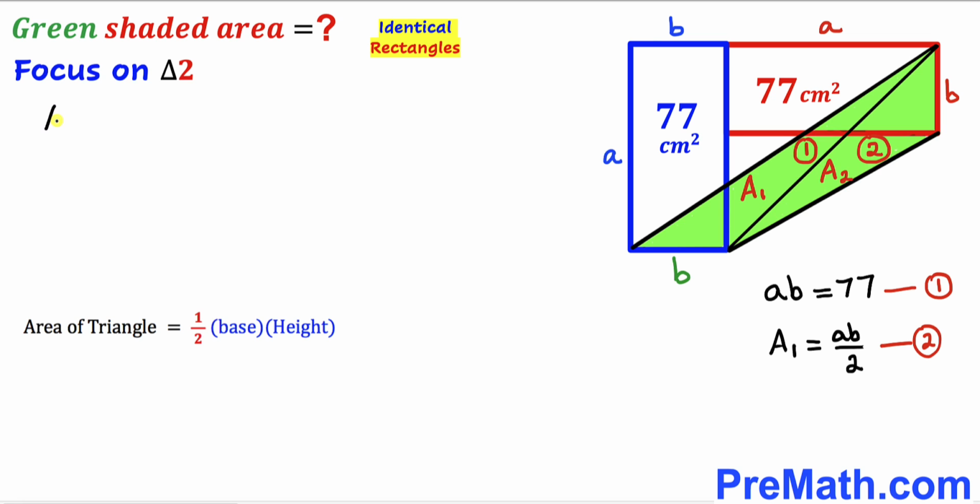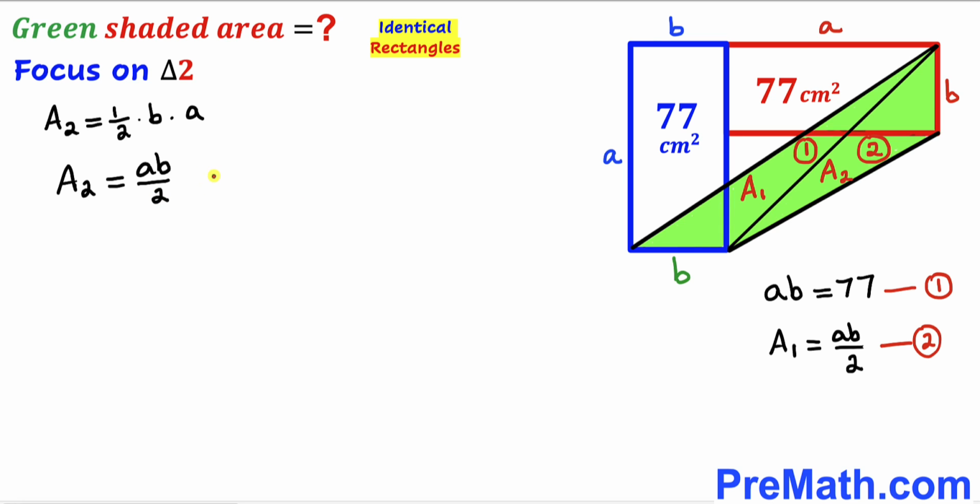So therefore we can write a sub 2 is equal to a half times base b times the height a. So a sub 2 equals a times b divided by 2. I'm going to label this one as our equation number 3.